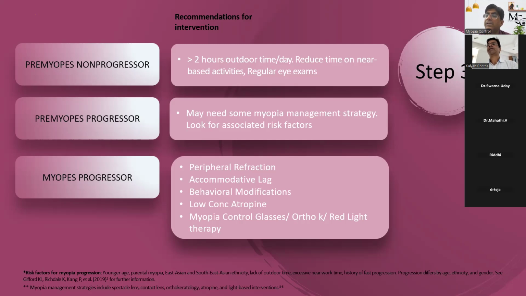Please keep it safe. I have three, 4 patients like this in whom I had predicted this. The power he was using was 3.5. He came to me, it came out to be 2.5. So what I told them was, you take this glass and keep it in a safe place. You will need it after 1 year if you don't listen to me. Right now you can use 2.5.